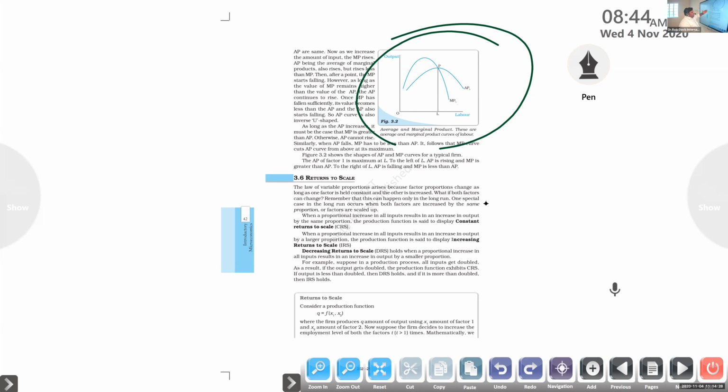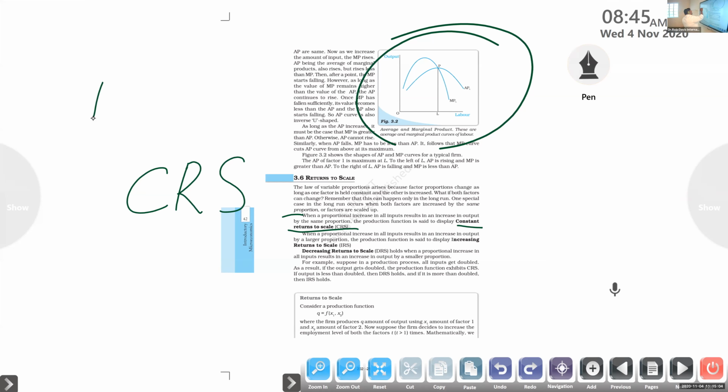When a proportional increase in inputs results in an increase in output by the same proportion, if you are making changes in the input, we are able to find a change in the output with the same proportion. The production function is said to display constant returns to scale. Keep that in your mind. It's called CRS, constant returns to scale.